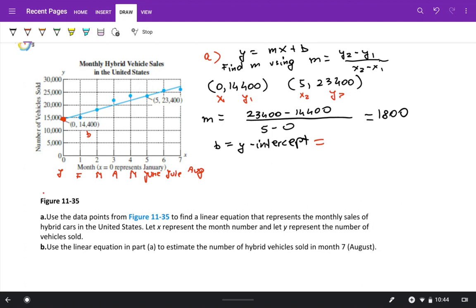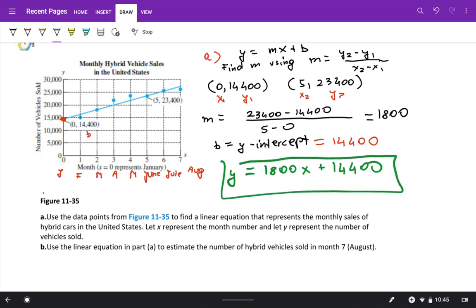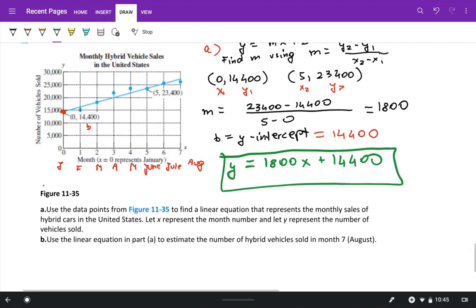So b, the y-intercept, equals 14,400. So I can create the equation of this line: y equals the slope, which is 1800, x plus the y-intercept, which is 14,400. So this is the equation. That was part A.